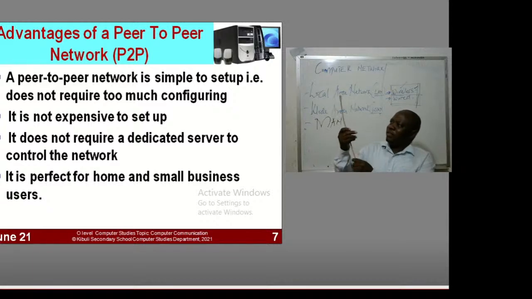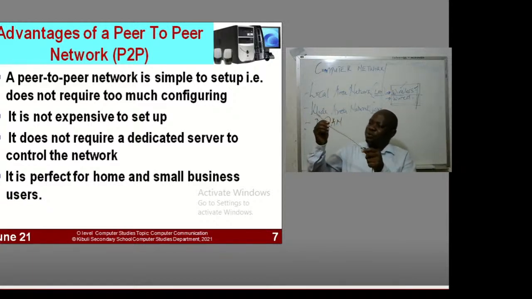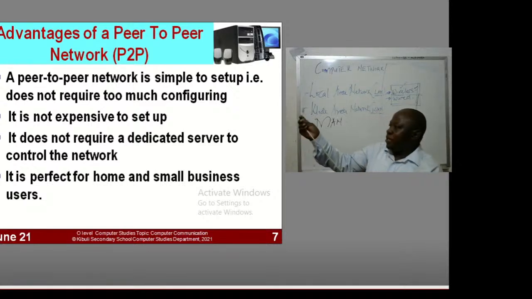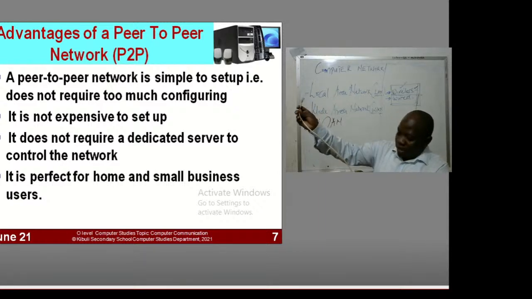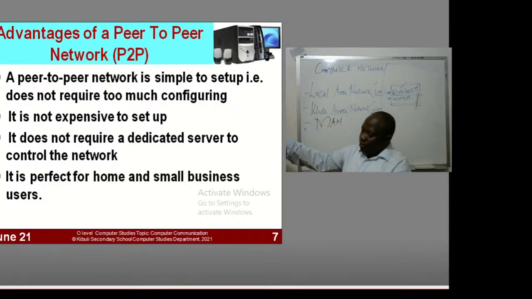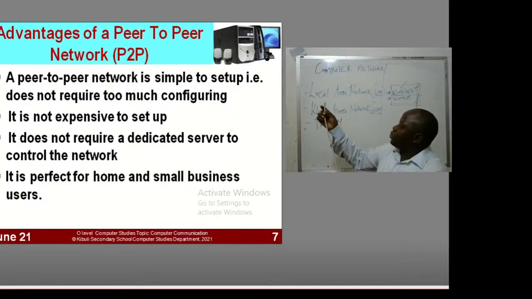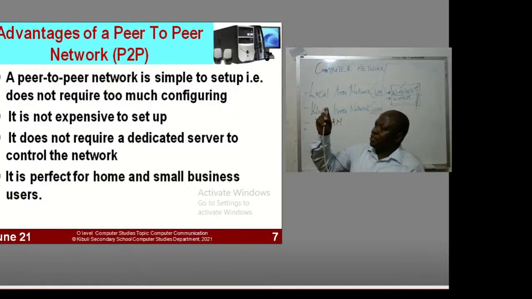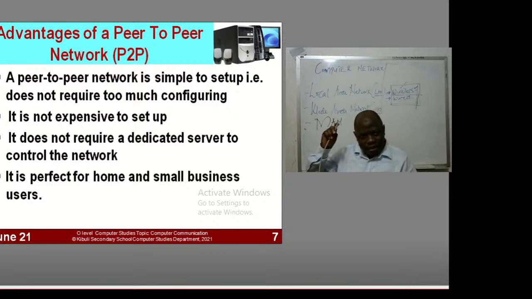But when you look at these wires, they are cheap. These are not fiber. These are what we call UTP cables, which we use in order to connect different computers. So what you have to buy is what we call the RJ45.